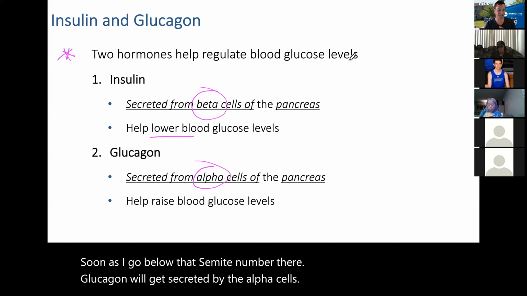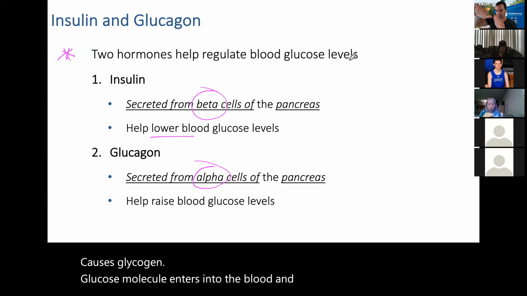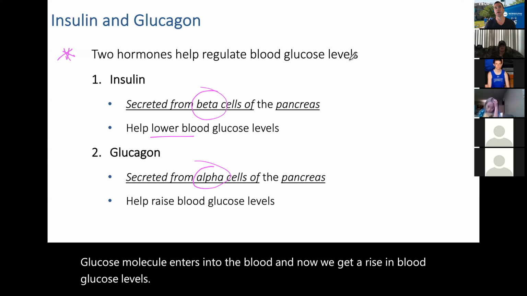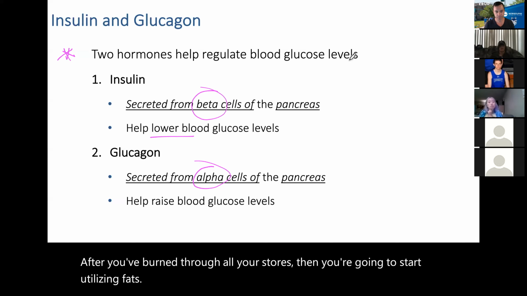This acts on the stores of glycogen, causes glycogen to be clipped off. Glucose molecules enter into the blood, and now we get a rise in blood glucose levels. After you've burned through all your stores, then you're going to start utilizing fats. Okay.